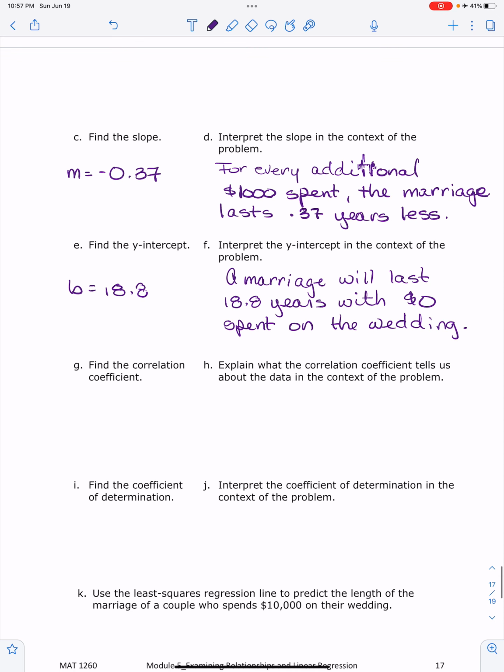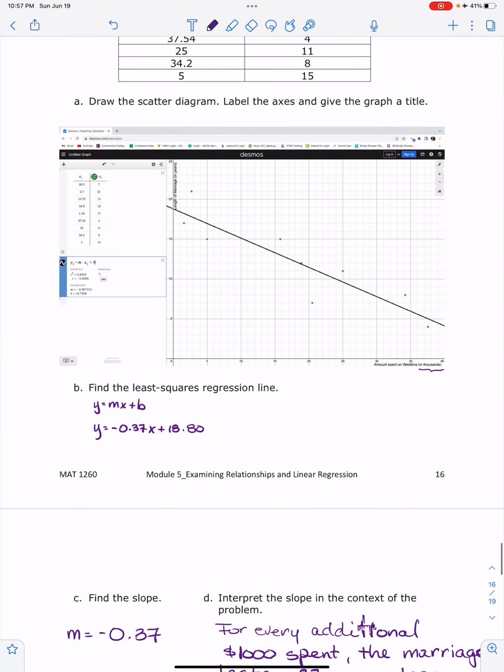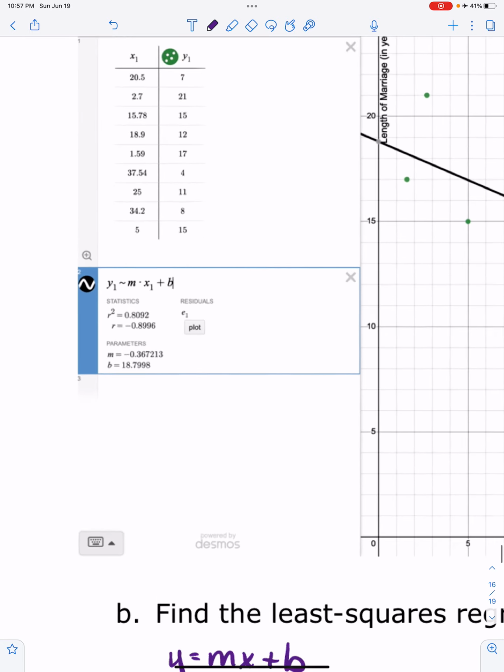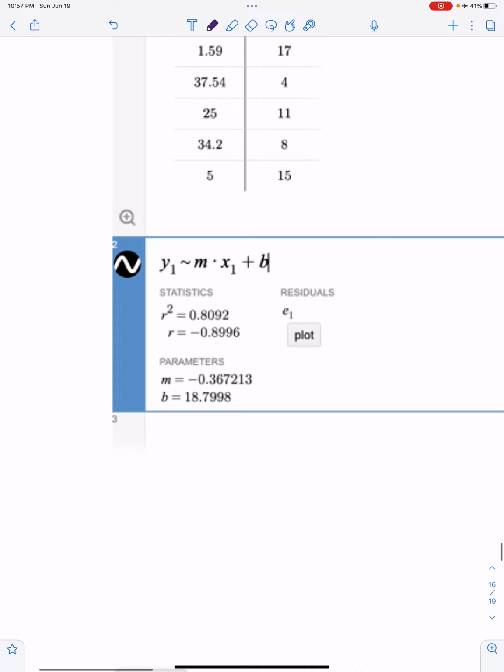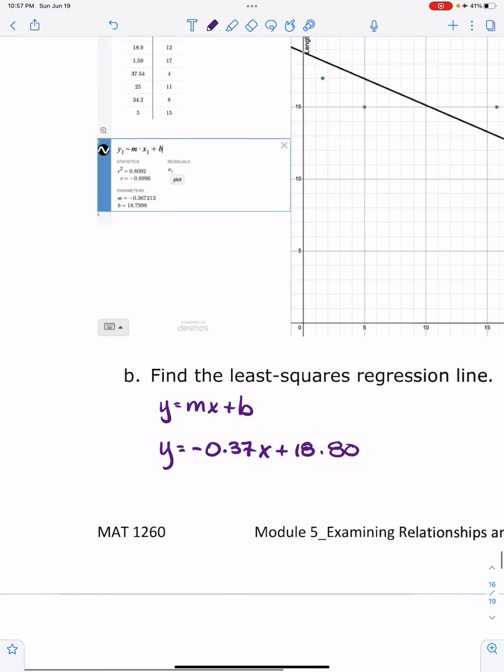Our correlation coefficient from up above here, remember that Desmos gives that to us. Here's my correlation coefficient, the r, negative 0.8996.